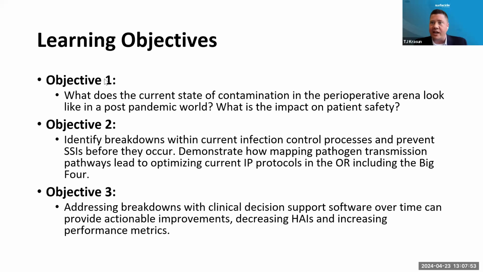And our last objective is to really talk about how to address those breakdowns with clinical decision software that over time can provide actionable improvements, decreasing SSIs and, of course, improving performance metrics in the operating theater. So with that and those objectives, Dr. Loftus, I'd like to turn it over to you. The floor is yours. Thank you.